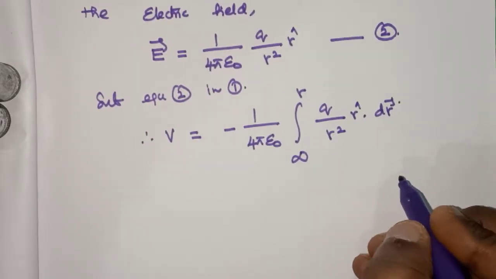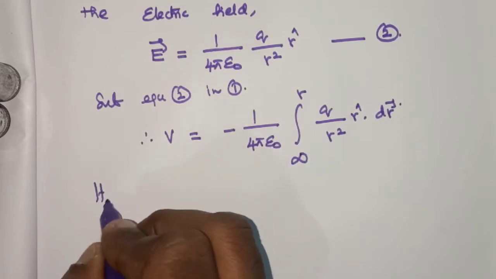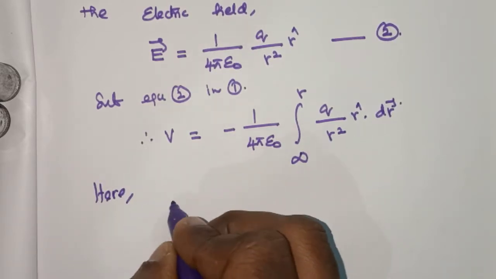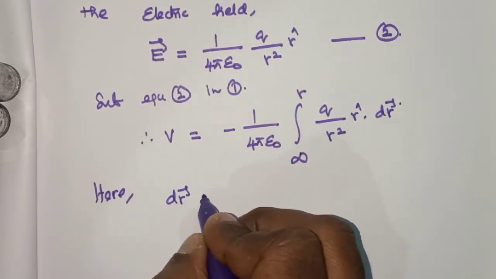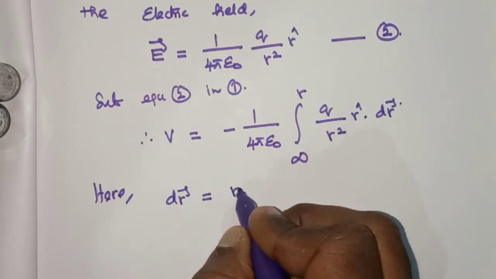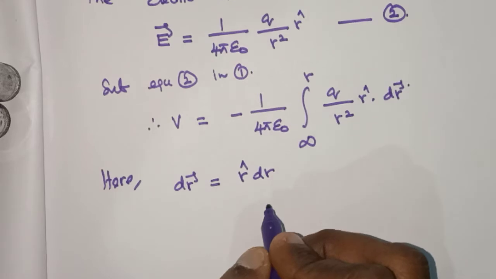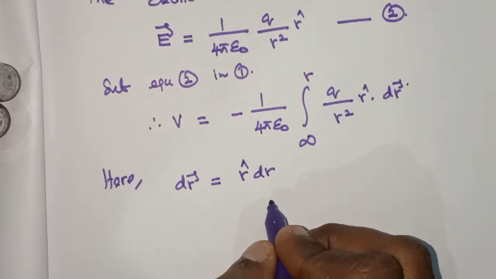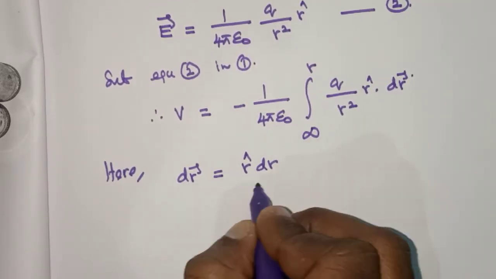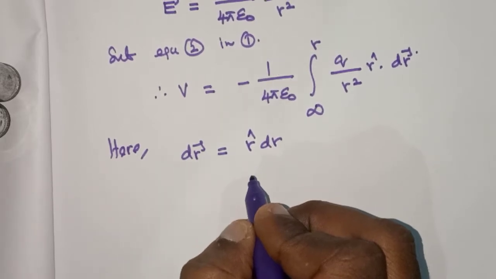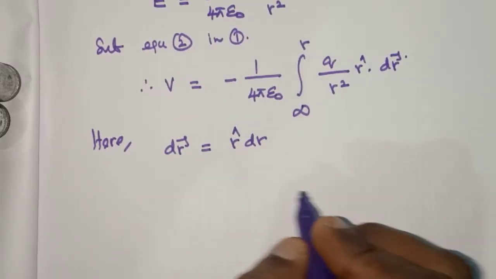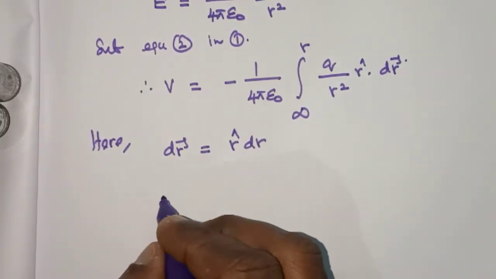Okay, here dr vector is equal to R cap dr, called the infinitesimal displacement vector. So I am substituting this for dr vector.